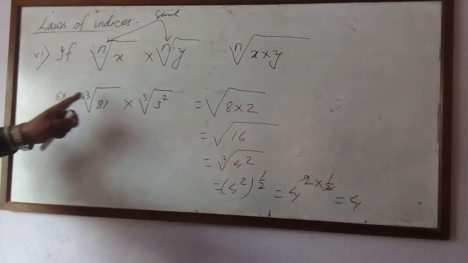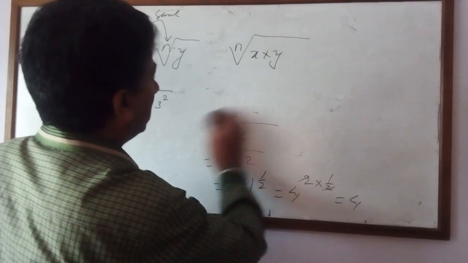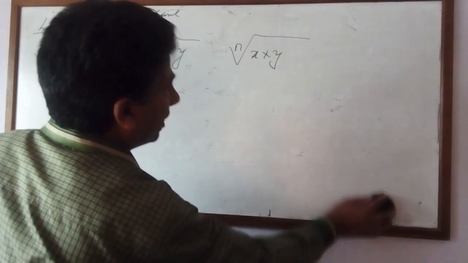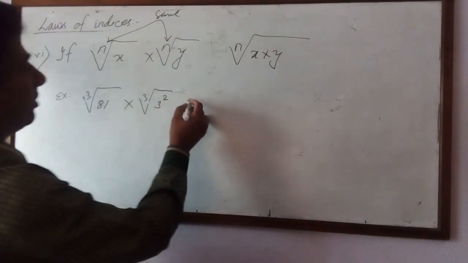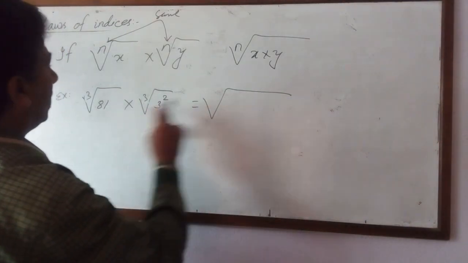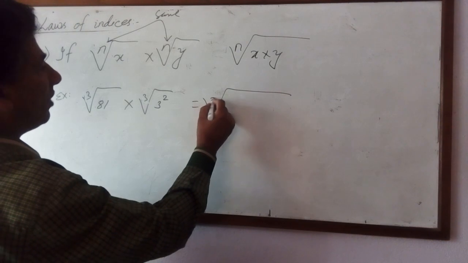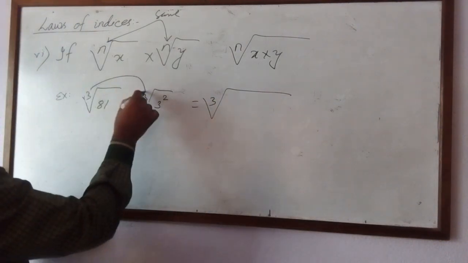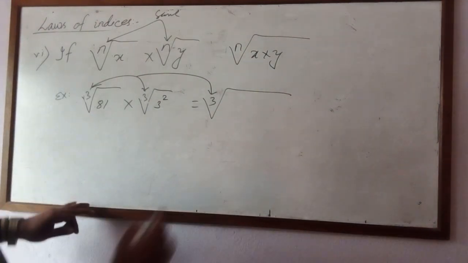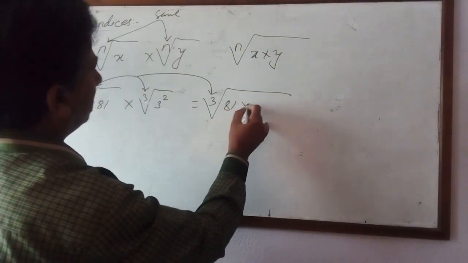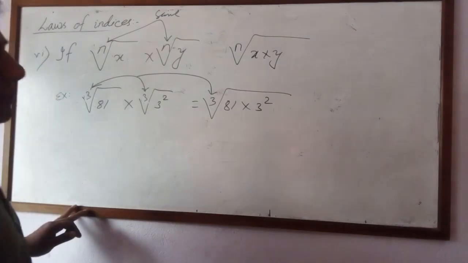Now they have the same radical sign, same order. That's why we can multiply their radicand. Radicand means this one. I write this same 3, here also 3. Now inside, 81 times 3 square. You can multiply like this.